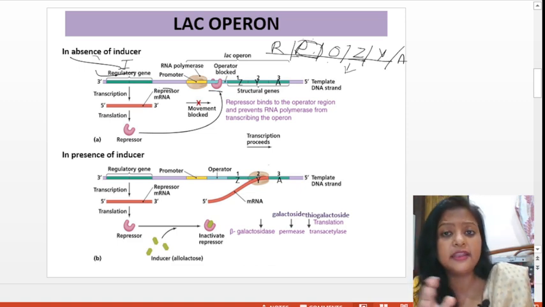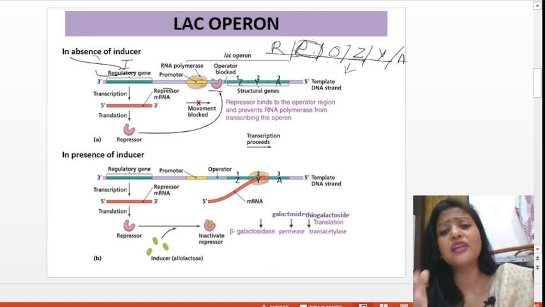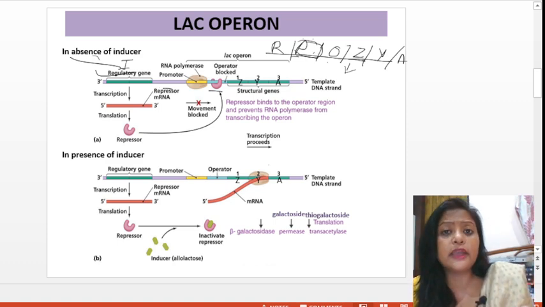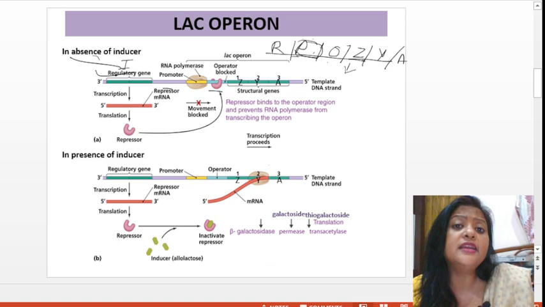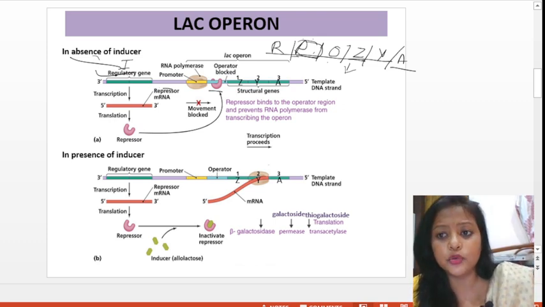And the lac A gene helps in the transfer of acetyl groups to the thiogalactoside. This is the function of the structural genes. Mostly, the function of the lac A gene is not known till now, but it is said that it helps in the transfer of acetyl groups.